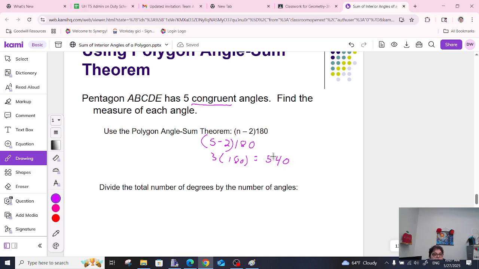Now, this is the sum, but I just said that it has 5 congruent angles, right? If it has 5 congruent angles, then I would divide this by 5. And that is equal to 108 degrees. So the pentagon would have each angle being 108 degrees.